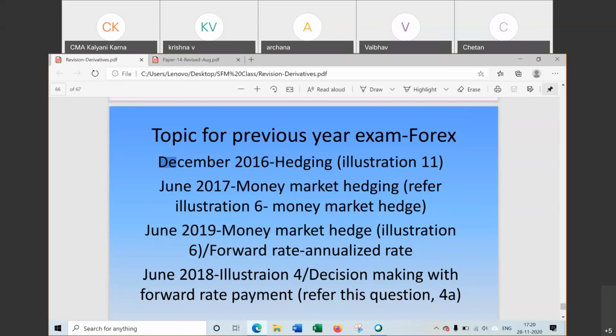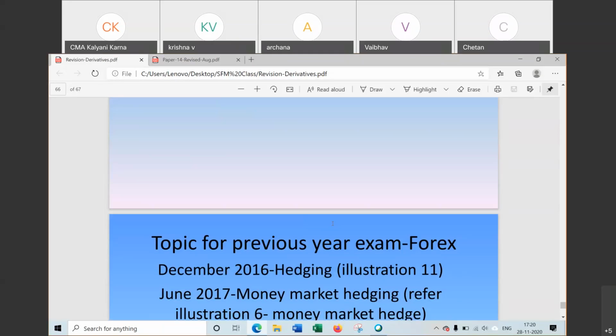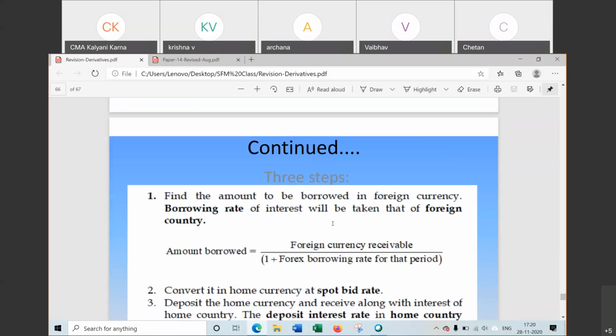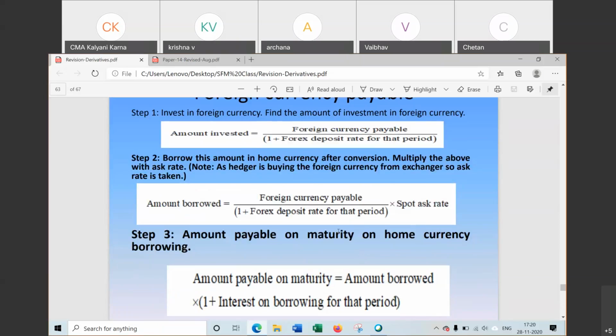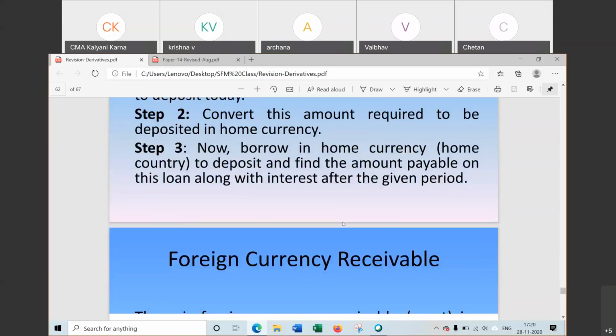That question has been asked. June 2017, money market hedging, that is illustration 6. That question has been asked. Money market hedge, foreign currency receivable and payable, is the most important topic from this chapter. It has been asked so many times.